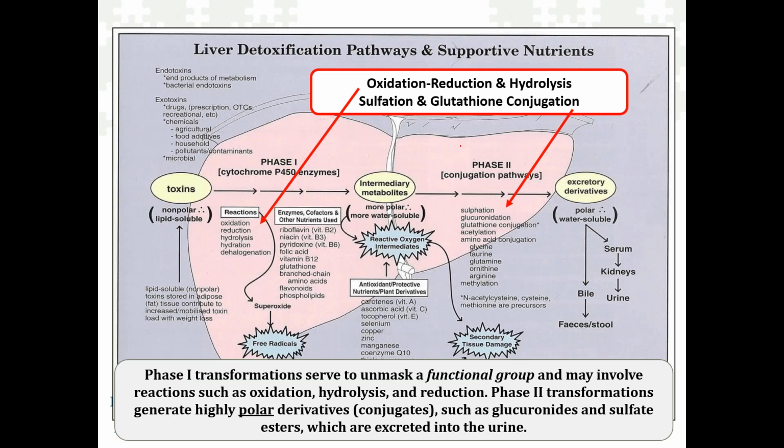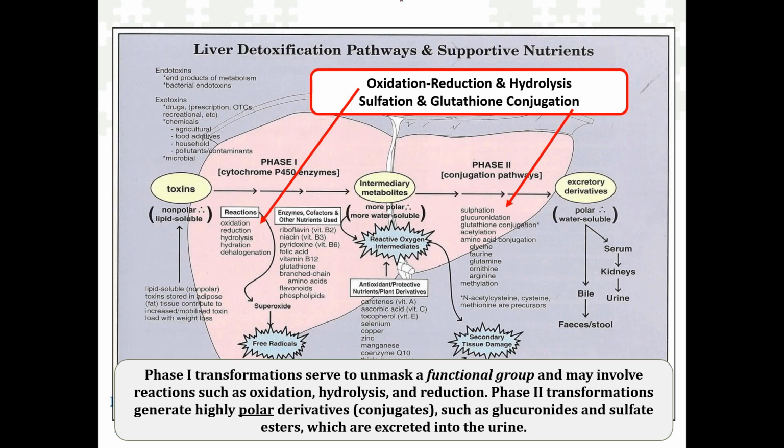If we think about liver detoxification, we have phase 1, phase 2. Phase 1 is where we're converting a lipid-soluble compound into a water-soluble compound. The early reactions involve oxidation, reduction, hydrolysis, for example.